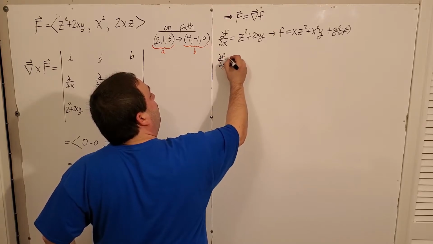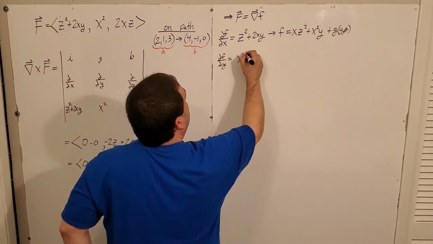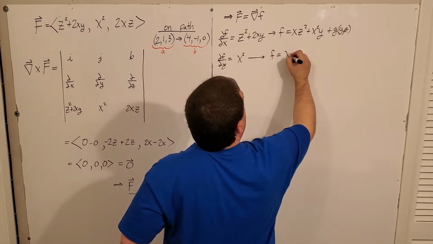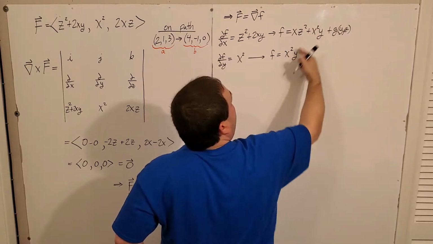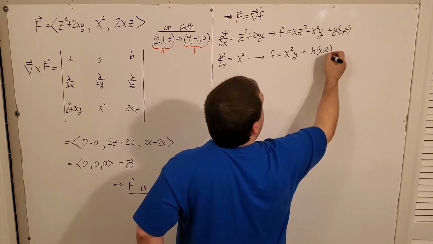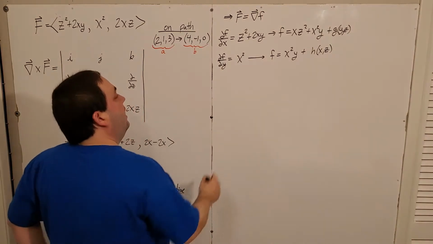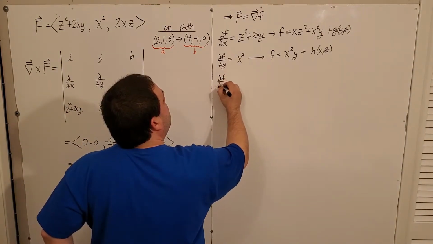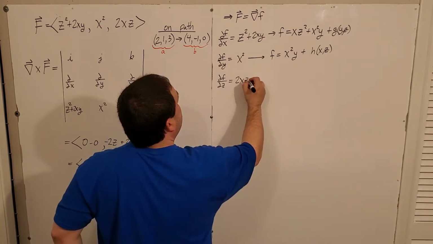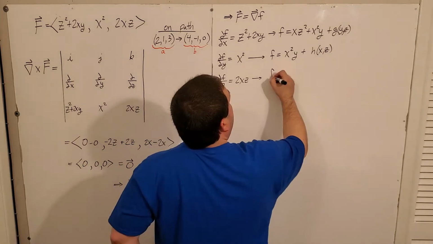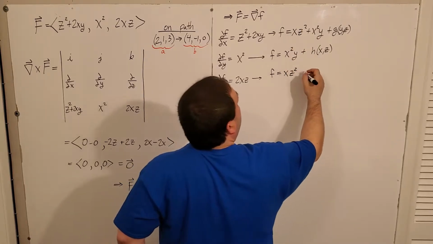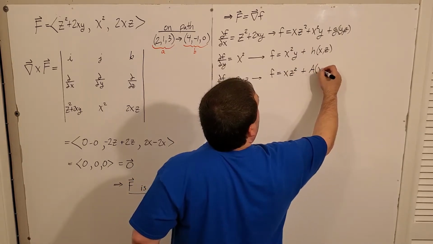Partial of f with respect to y would have to be equal to my second component, x squared, which is telling me that f would have to be equal to x squared y. Look familiar, right? Plus some other function of x and z. And then lastly, my z partial derivative of f would have to be equal to the third component, 2xz, which is telling me that f would have to be xz squared, look familiar, plus some other function of x and y.